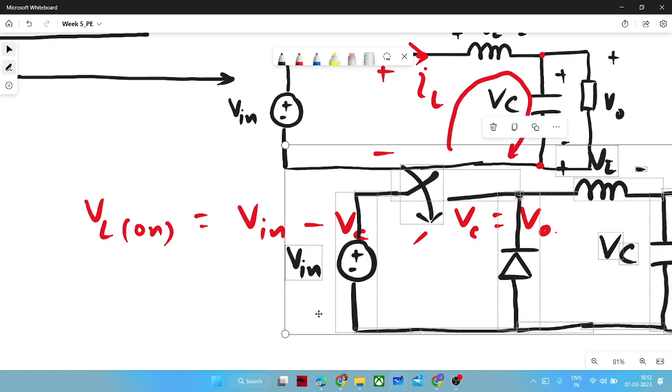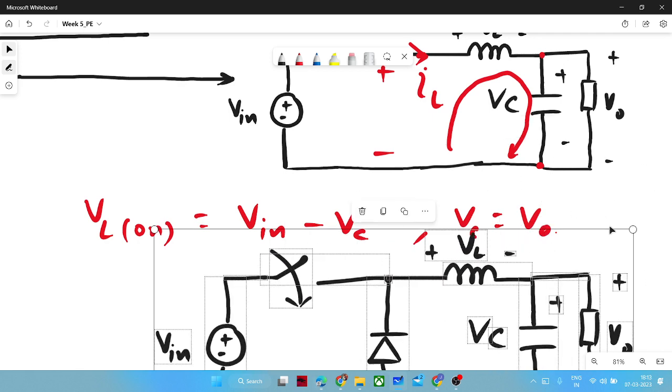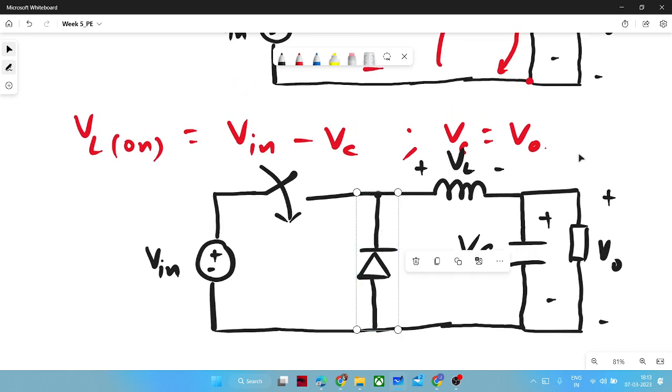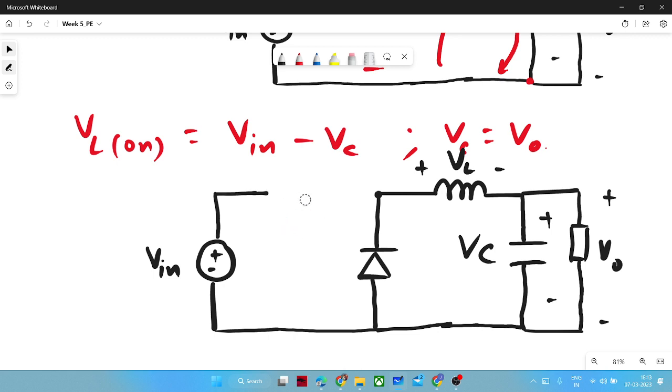And if you see for turn off period, okay, so this switch is open, right? Now the inductor has been charged already. Now it will see the voltage if you apply the KVL again.